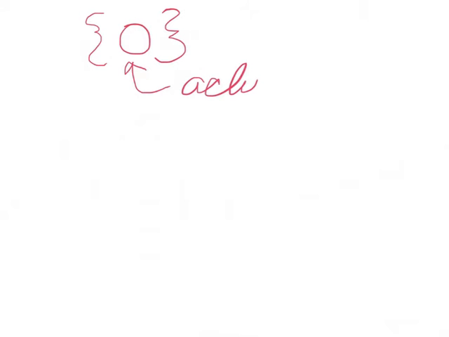So a couple of things I want to clear up about the empty set. Sometimes people think that this is the empty set because it's a set that contains 0. But what you have to remember is 0 is actually a number. And therefore, it's an element, so it exists.